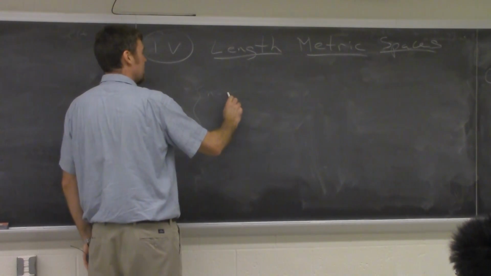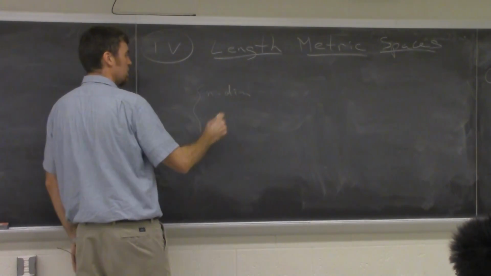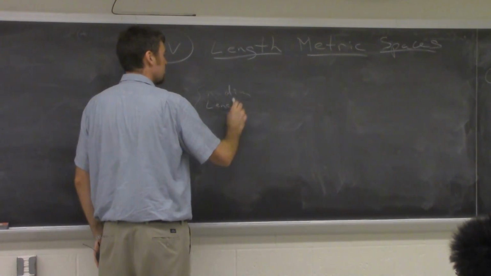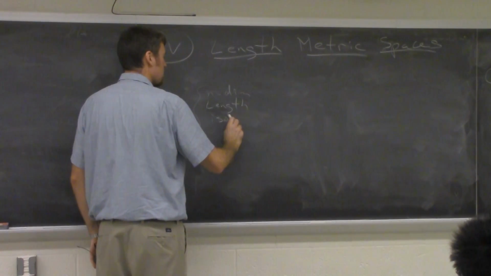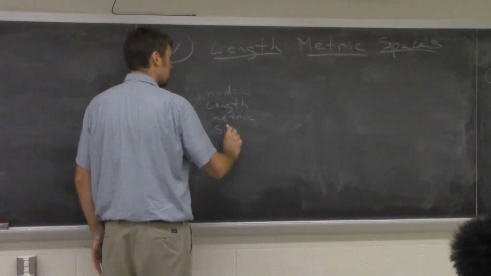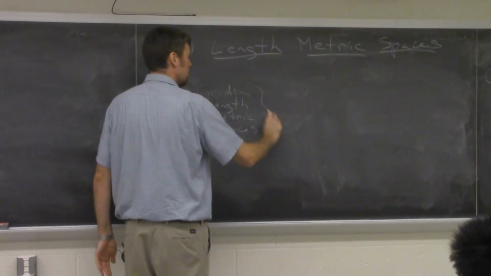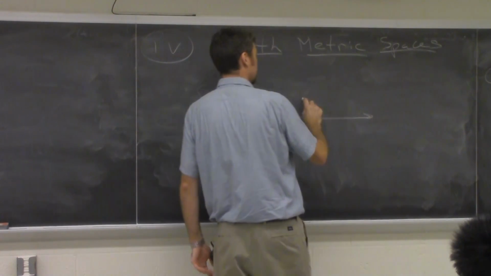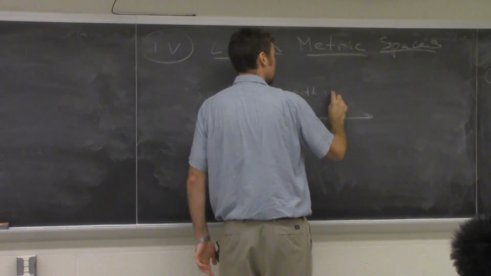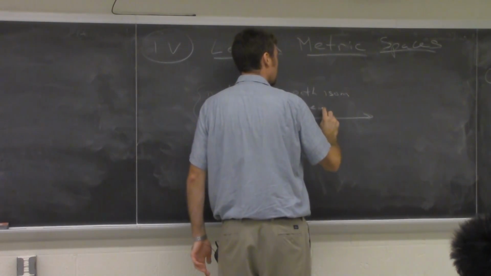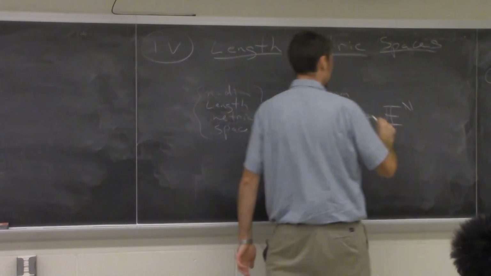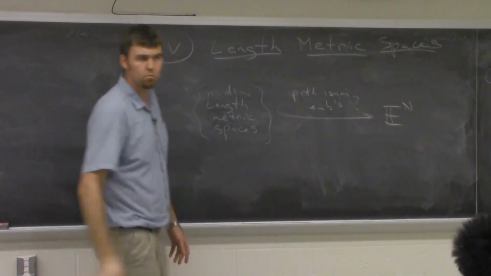When we look at n-dimensional covering dimension length metric spaces, the question was, do there exist path isometric embeddings into Euclidean space? This was the question, right? Something to work on.